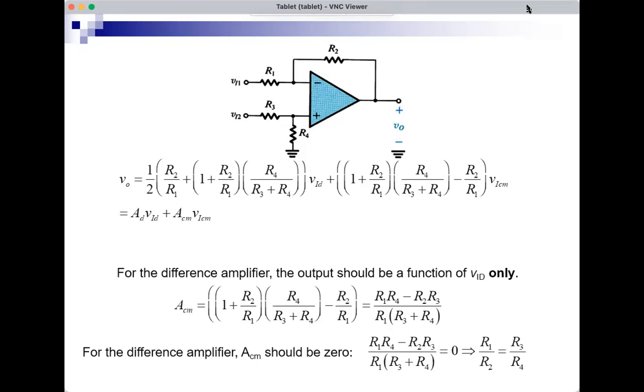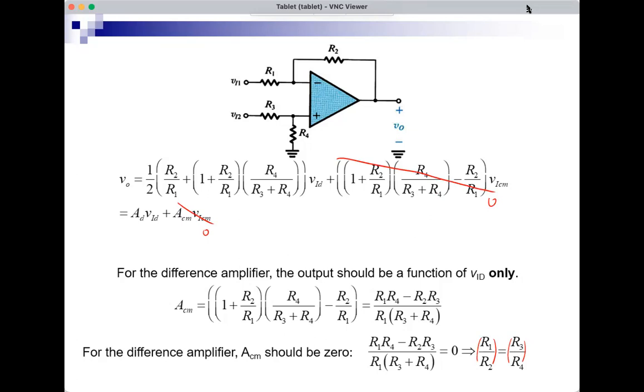If I make R1 R4 minus R2 R3 equal 0, in other words, if I make R1 over R2 equal to R3 over R4, this will make this disappear. This becomes 0. And this becomes 0. So if we make R1 over R2 equal to R3 over R4, the output will only be AD times VID. And this is what I want.